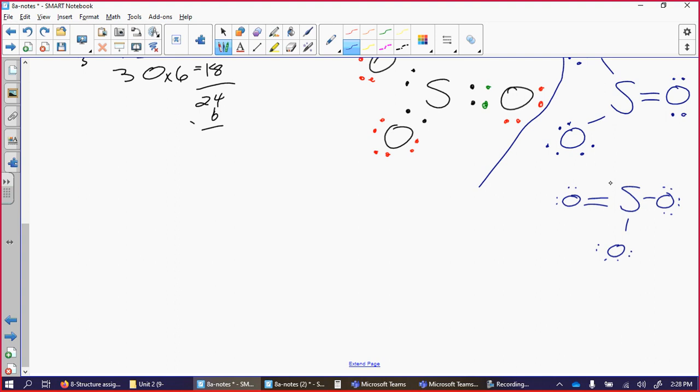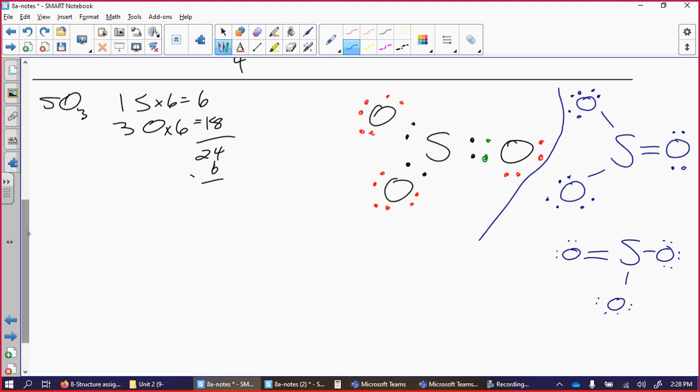Even though they look different, fundamentally those are the exact same thing. I've got a sulfur with a double bond and 2 single bonds. Because this has a nice triangular shape, I can draw a third one where I have a double bond there. It's an interesting case, but everything is valid.